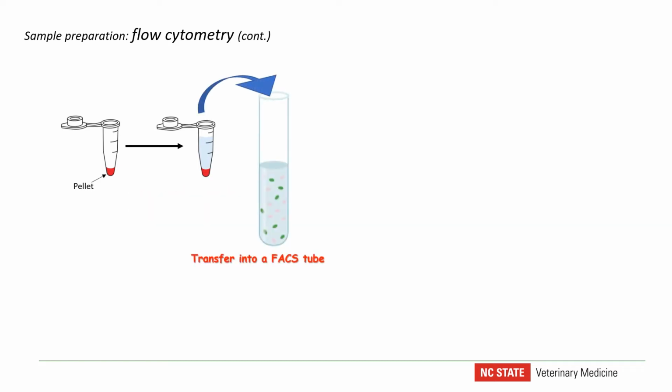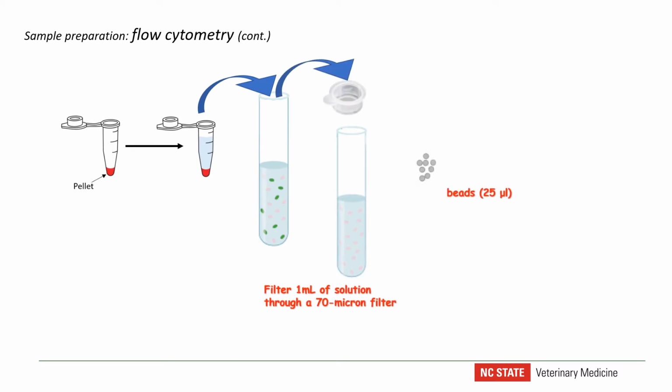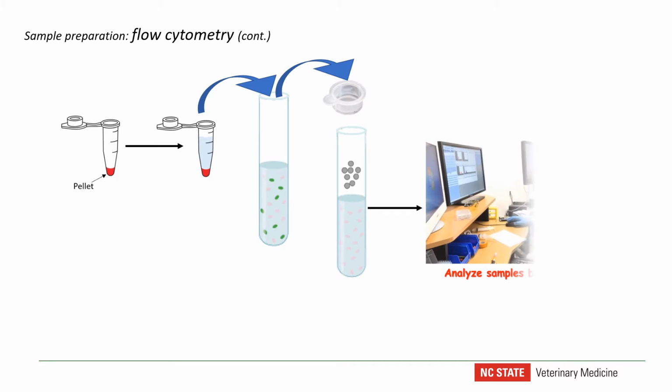The pellet was then resuspended in PBS and transferred to a FACS tube. This mix was filtered through a 70 micron filter to remove further debris, and then we added counting beads.